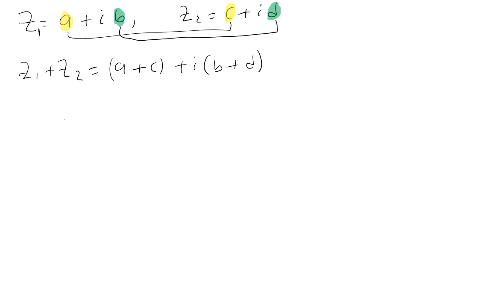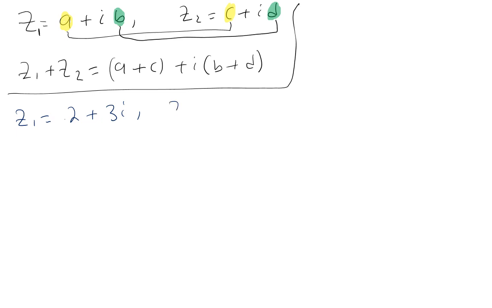So for example, suppose we have z1 equal to 2 plus 3i, z2 equals 4 plus 6i, and we want to add z1 plus z2.